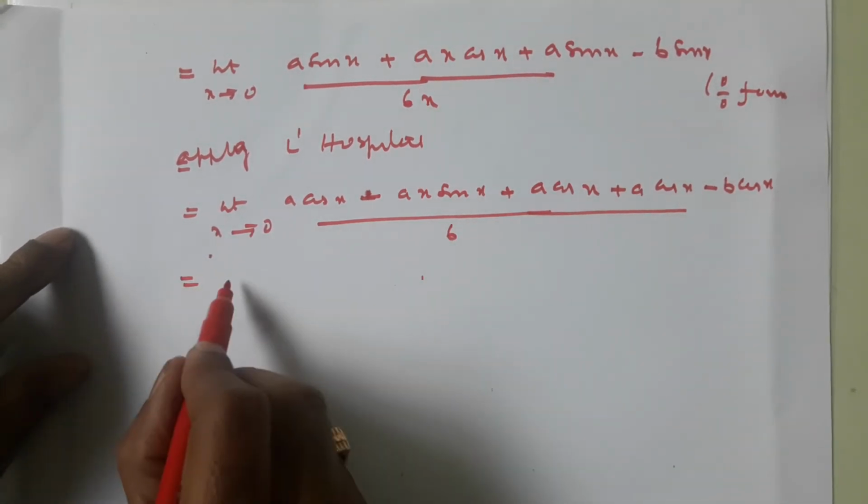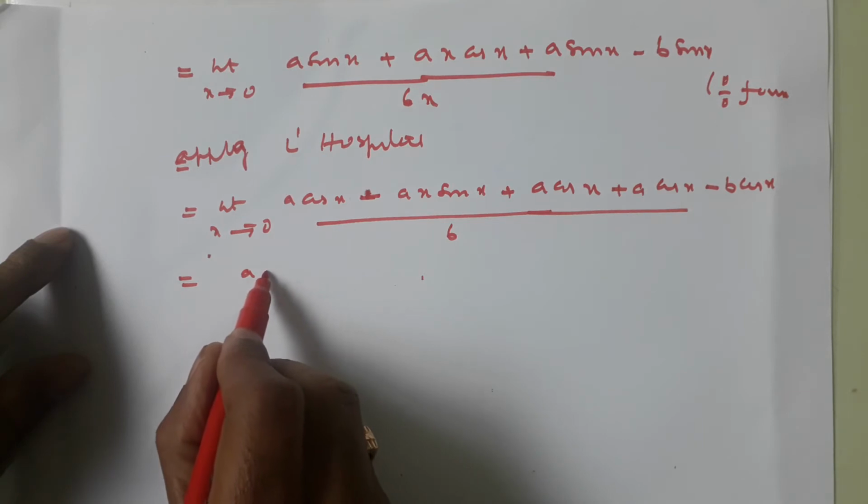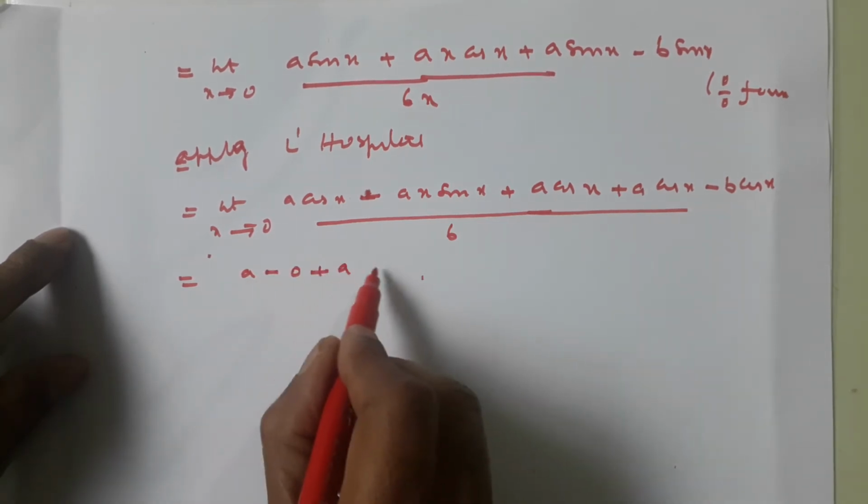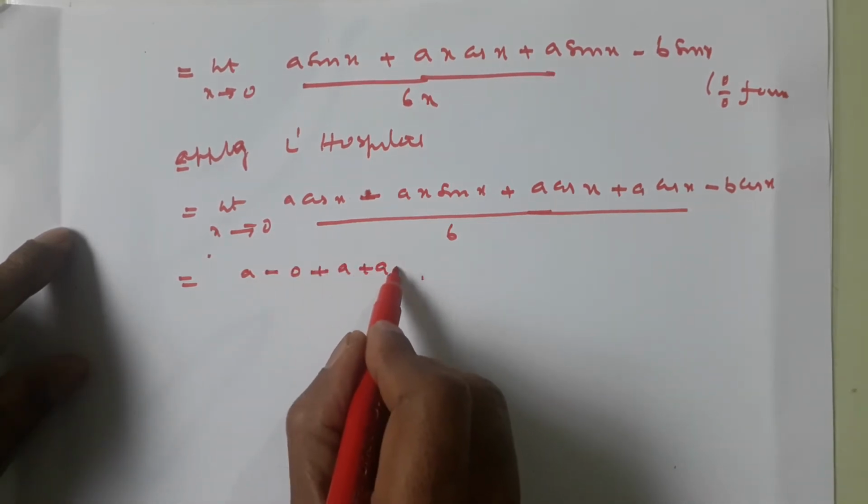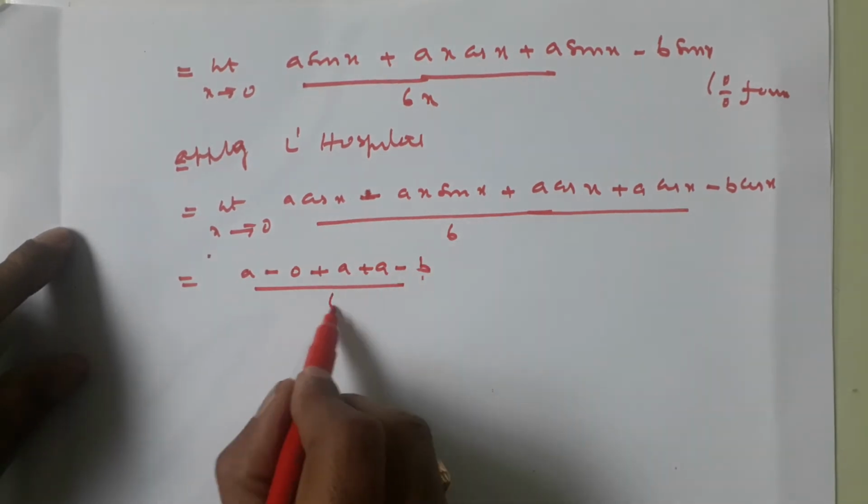This is equal to, apply the limit, A minus 0 plus A minus B, whole divided by 6.